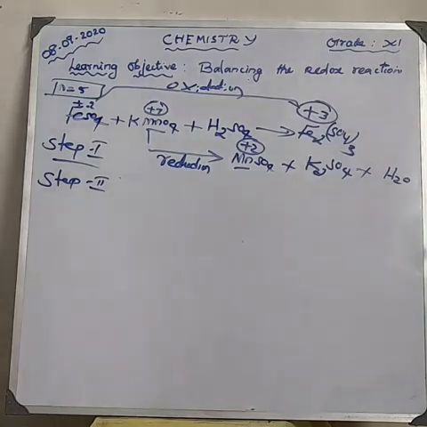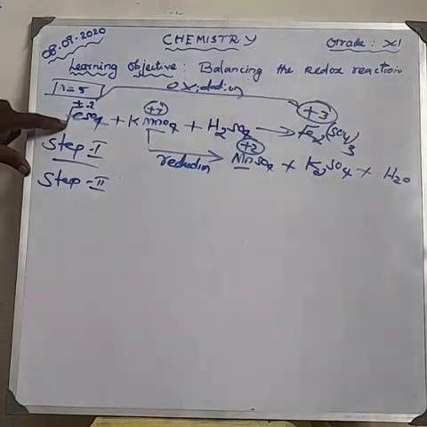Equate the number of electrons by cross multiplication. Here, in the first reaction, ferrous sulfate loses 1 electron, and we multiply that 1 electron by 2.